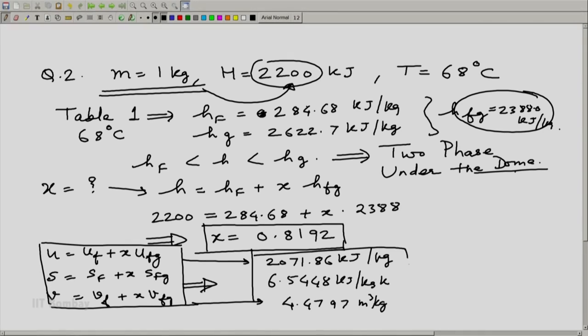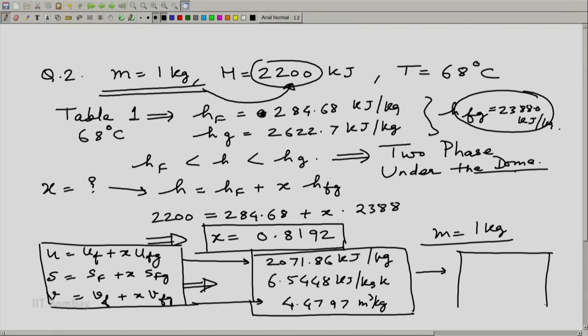And now I know that we are again talking about mass equal to 1 kg, and therefore the same values will come for this table: 2077.8, 6.54 and 4.47 meter cube, kilojoule per Kelvin and kilojoules as the final answers. Just to correct, this is 2338, and similarly I can use 2338 here.